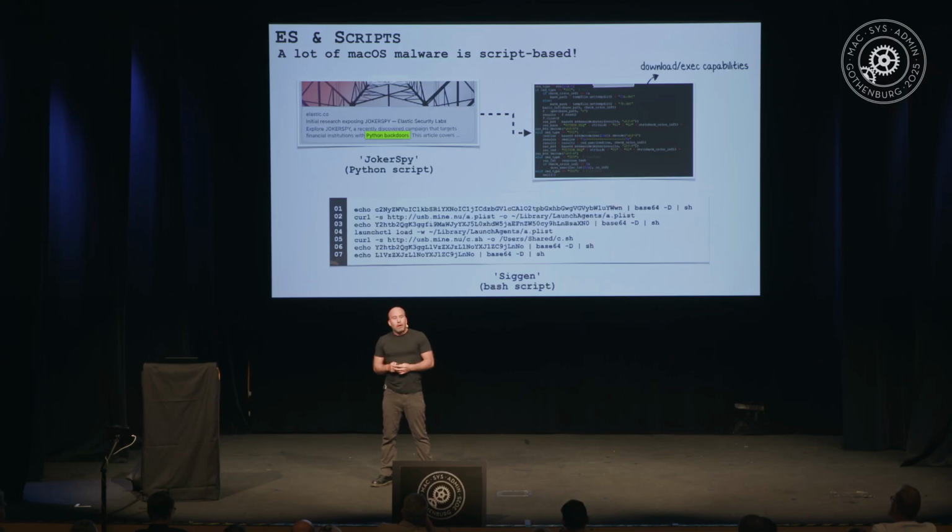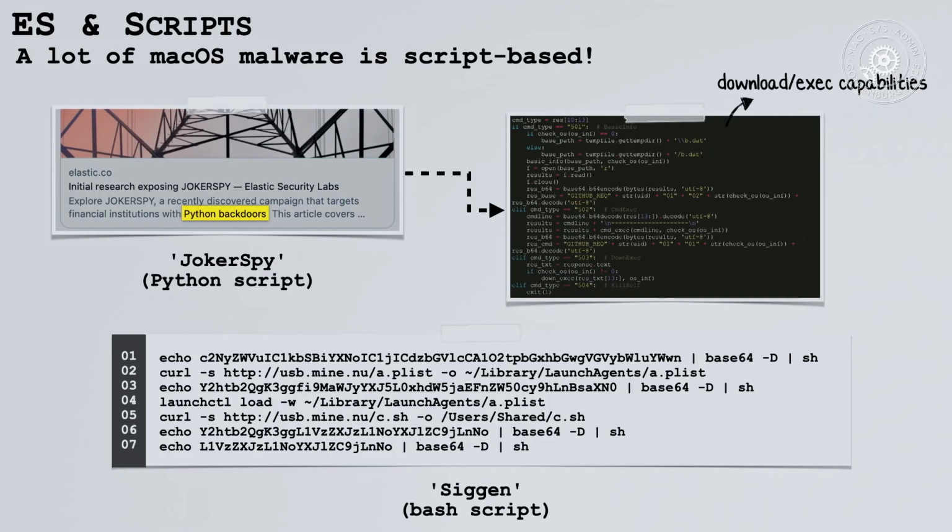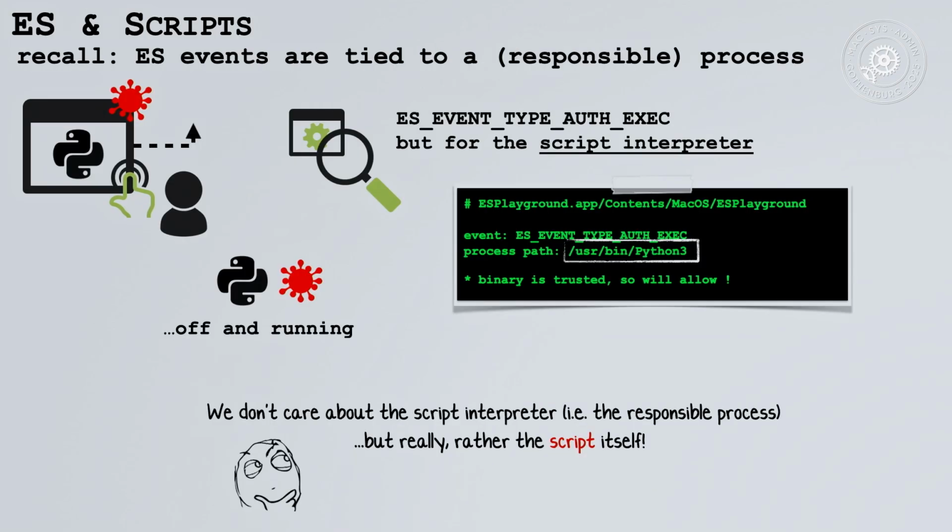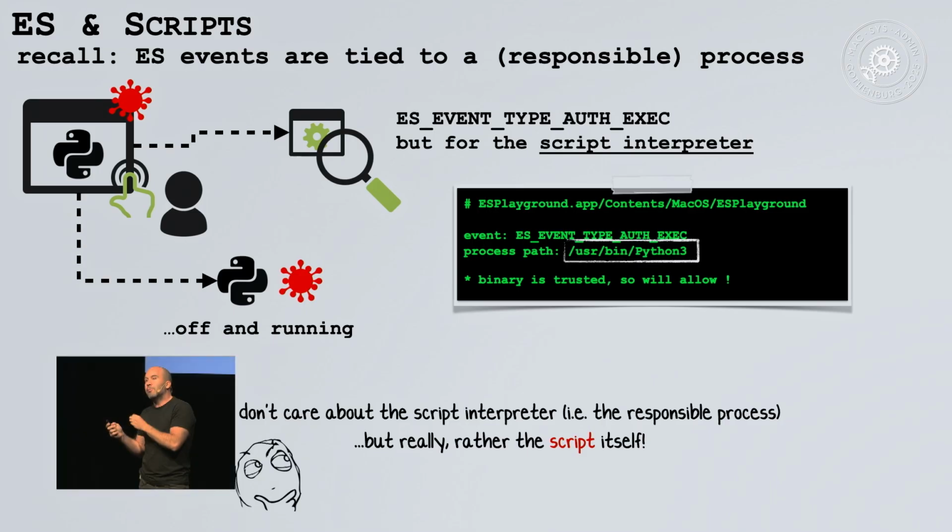And this then segues nicely into a very next nuanced part of Endpoint Security, which revolves around scripts. So this is important to talk about because there is a lot of Mac malware that is distributed as scripts. Some recent examples, Joker Spy, Siggen. There are Python scripts, there's AppleScript scripts, there's Bash scripts, the whole gamut. And the reason why this is a little bit challenging to Endpoint Security is because, recall we talked about the responsible process.